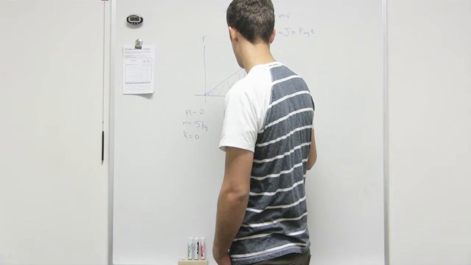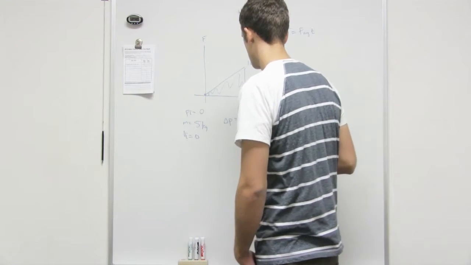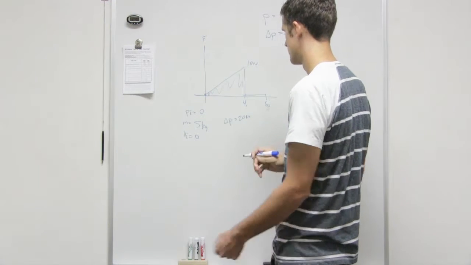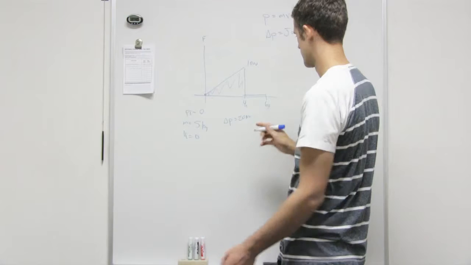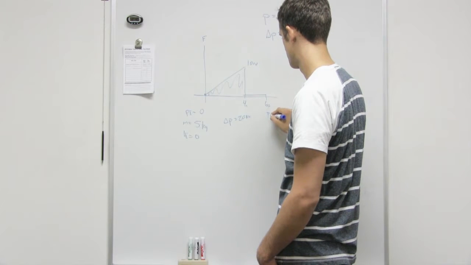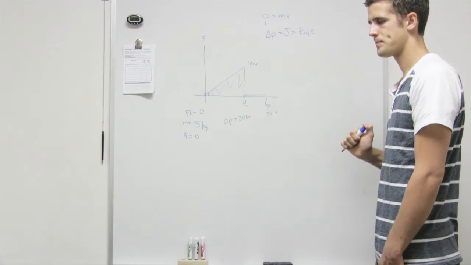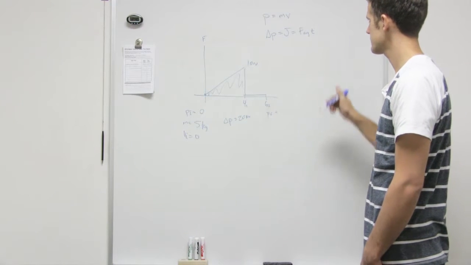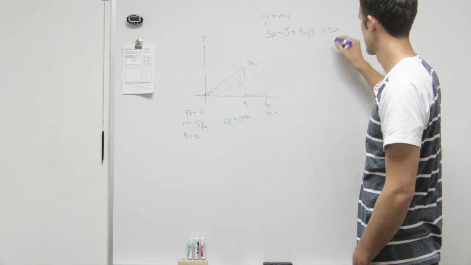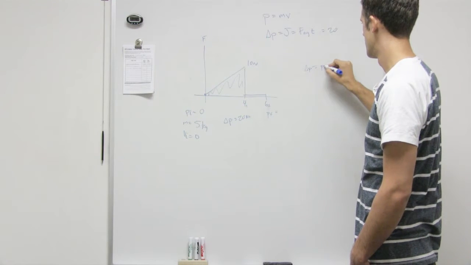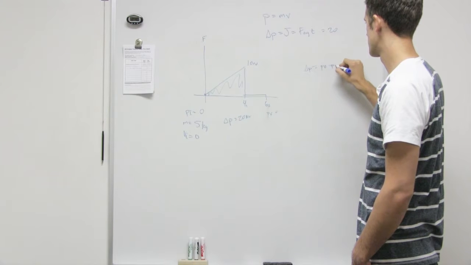So a change in P will equal 20 newton seconds. So what's the final going to be? And the change in P equals P final minus P initial.